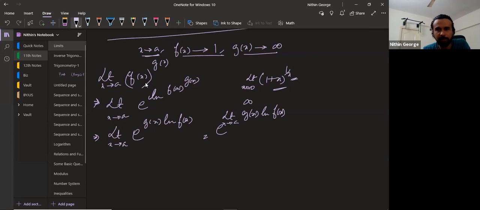So g is tending to infinity, f of x tends to 1, and ln f of x tends to 0. This is in 0 into infinity form.